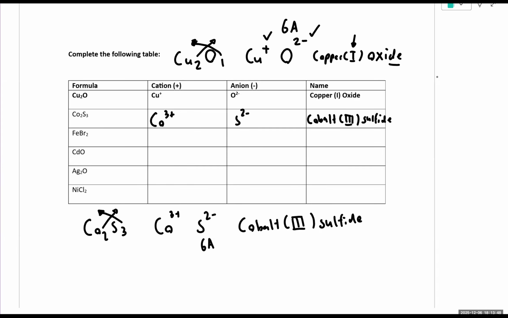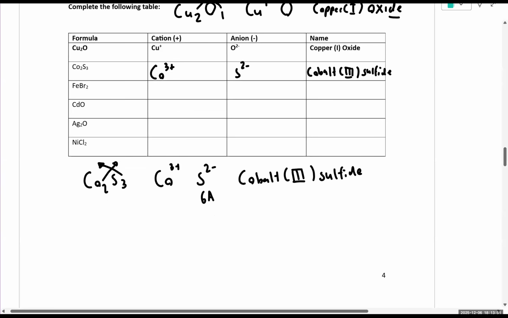One thing that I do want you to be careful of is that for fixed charge transition metals such as silver, silver is known as a fixed charge transition metal. And for elements such as silver and zinc, you do not have to put the charge in the name because silver and zinc have a fixed charge.